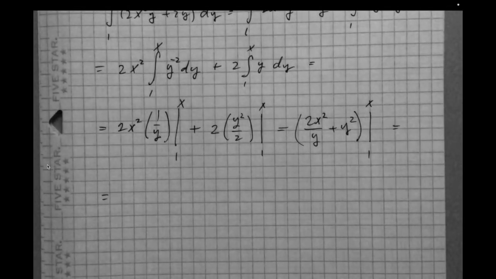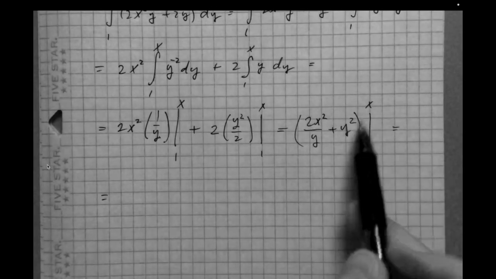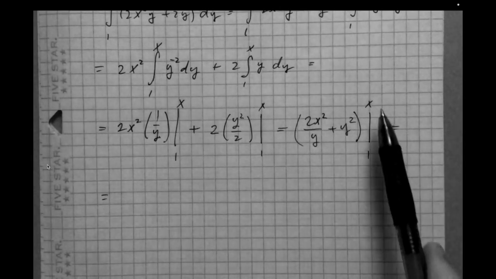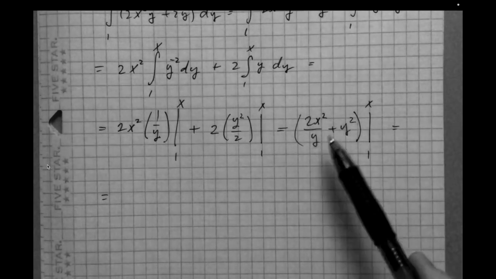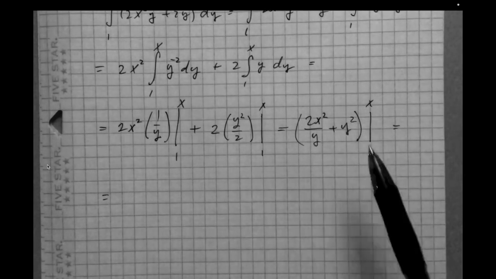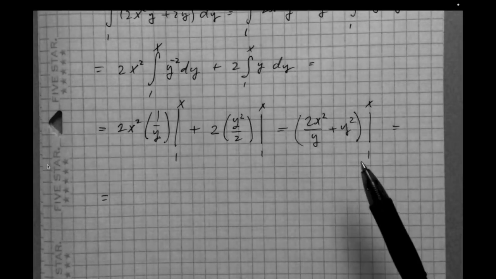Now when we are evaluating these definite integrals, remember we're integrating with respect to y, so y is the variable where we do the substitution, and that's essentially how you get rid of all of the y's in the function and end up with a function of x in this case.